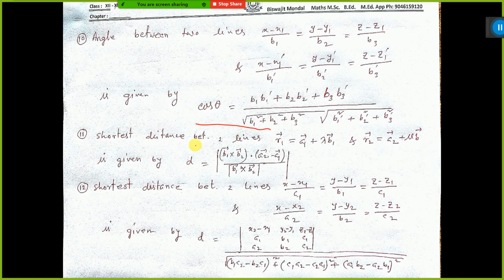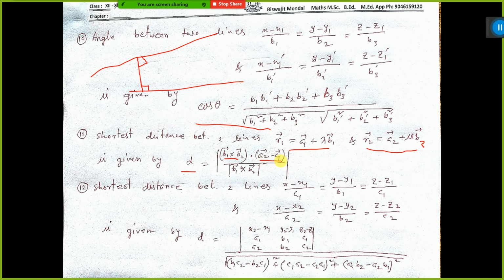Now the shortest distance between two lines. Let's say two lines are there in space, and they are not intersecting. Then the shortest distance, that means the perpendicular distance between these two lines, we will get from this formula. See, the vector equations are given: R1 equal to A1 plus lambda B1 and R2 equal to A2 plus mu B2. So the formula is D equal to B1 cross B2 dot A2 minus A1.